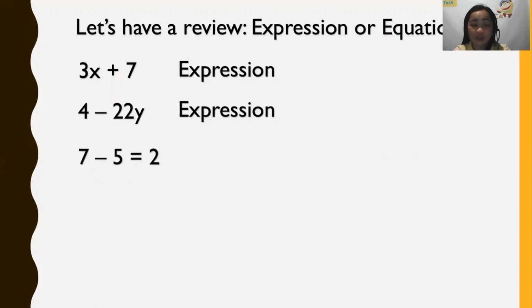Now, let's have the next example. We have 7 minus 5 equals 2. Is it an expression or equation? Yes, the answer is an equation.